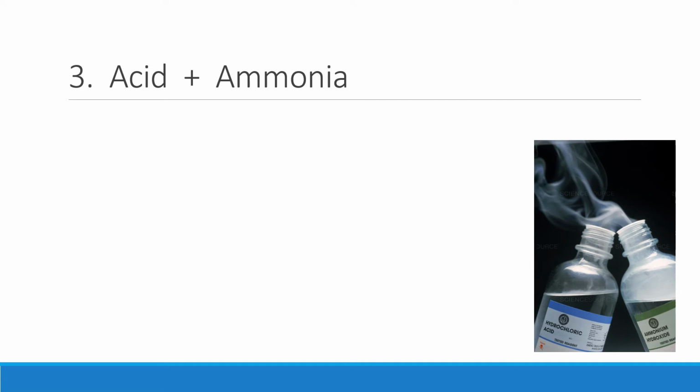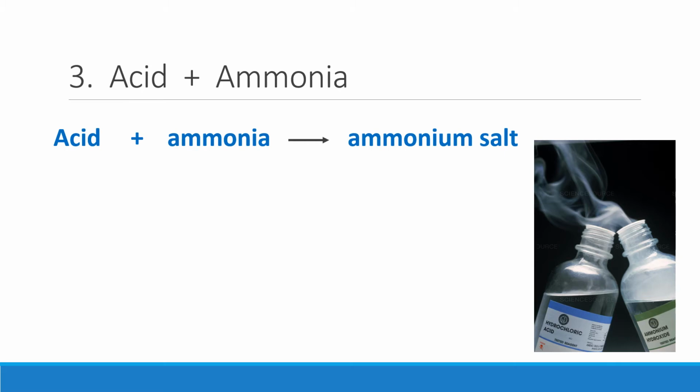All right, third reaction, acid plus ammonia. So an acid plus ammonia makes just an ammonium salt. So essentially what happens is the proton in the acid gets transferred over to the ammonia, and it makes an ammonium ion. And so super straightforward, just kind of mushing them together.